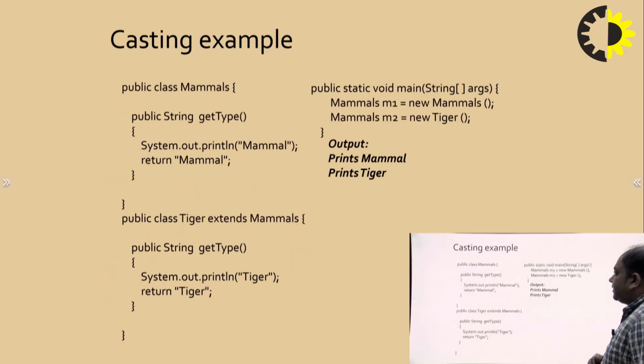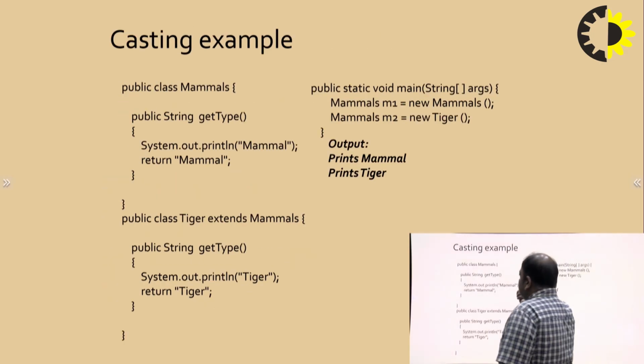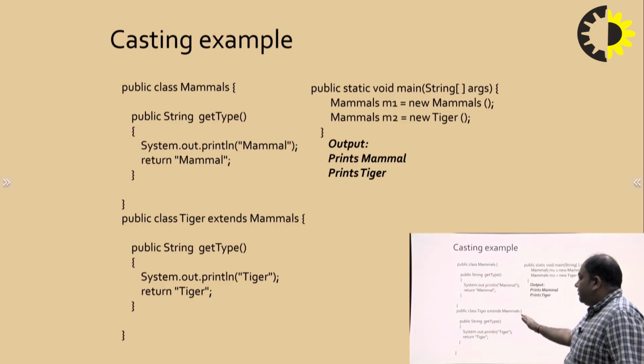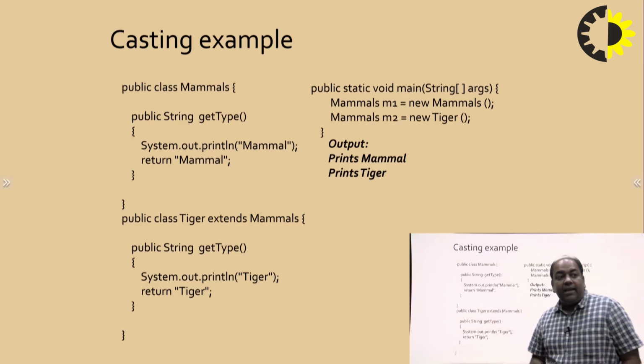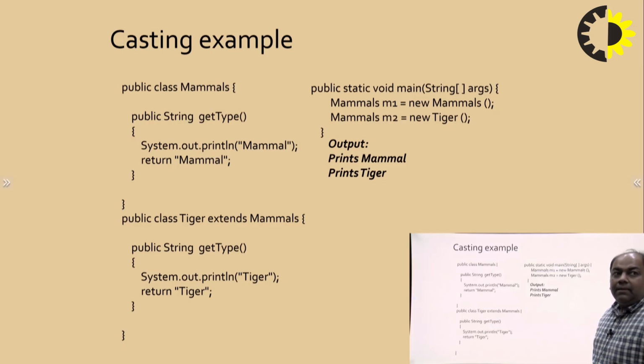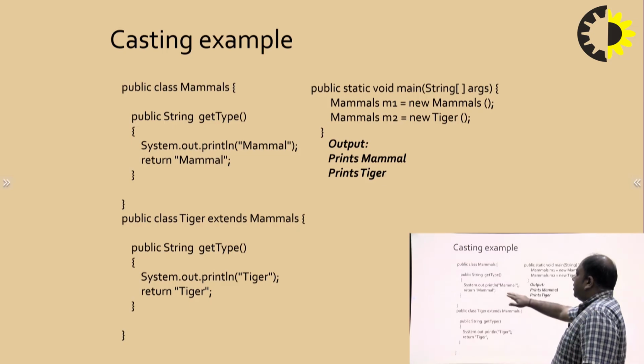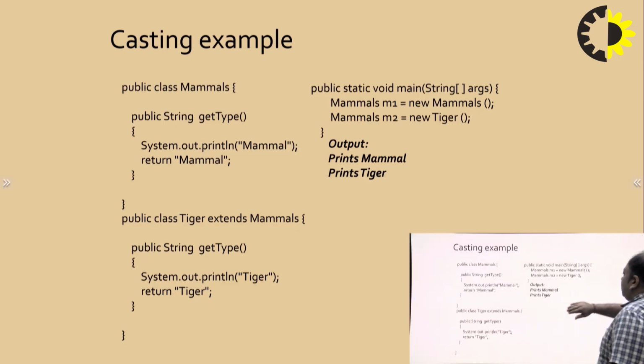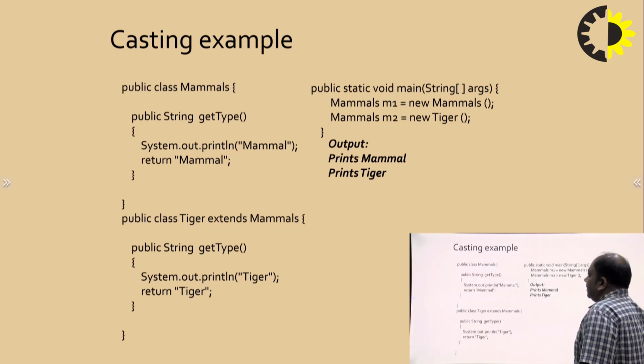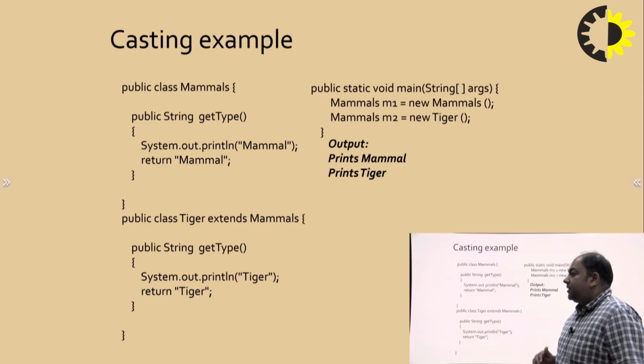So in the casting example, we create a class Mammals. Those are string types. We define their mammal. Then Tiger extends Mammal. So what is the output we got? First we got the output Mammal, and then we got the output Tiger. So in this way we cast the mammal into the type Tiger.